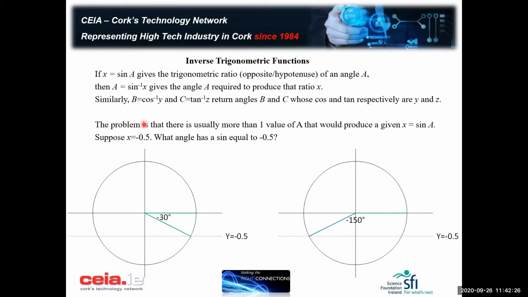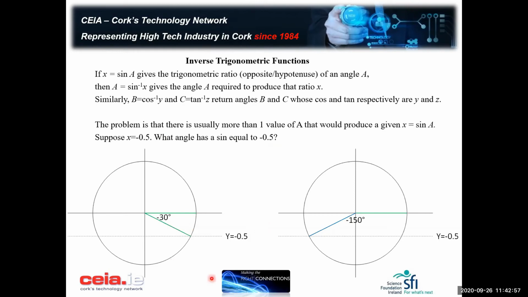Now, the problem is that nearly always you have more than one angle that will produce a given sine or cosine or tan. And you need some way of handling that problem. As an example, if you want the inverse sine of minus 0.5, which is saying what angle has a sine equal to minus 0.5, look at the unit circle.